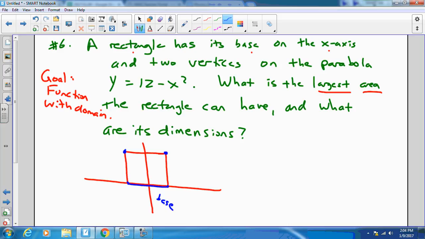Now, the vertices are these four corners right here. And it seems pretty clear that if I want the rectangle to have maximum area, then I want the parabola to go like that.